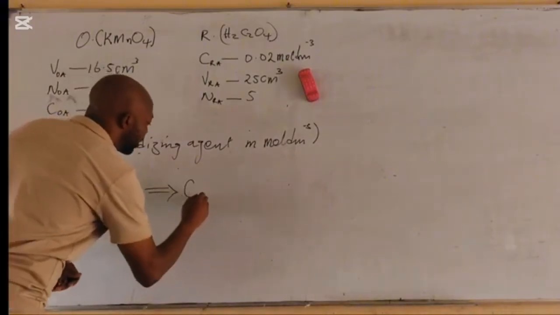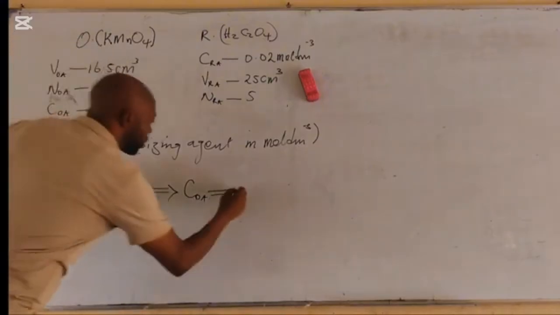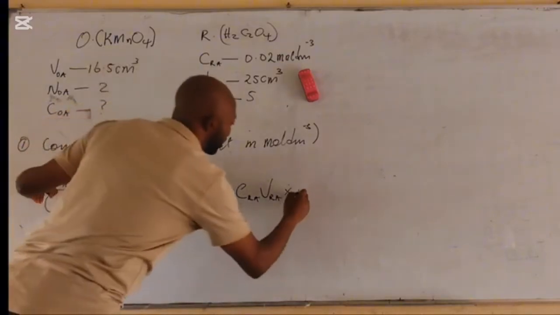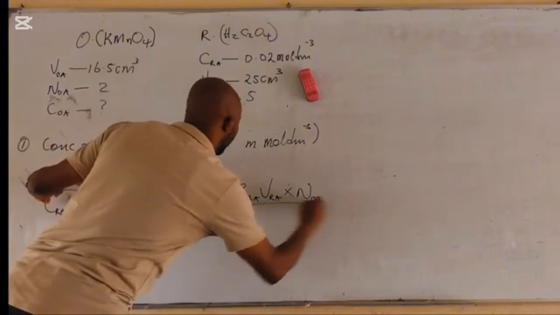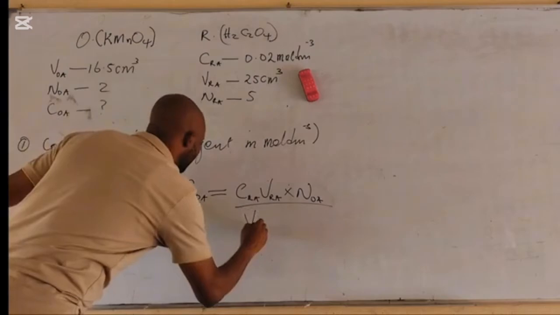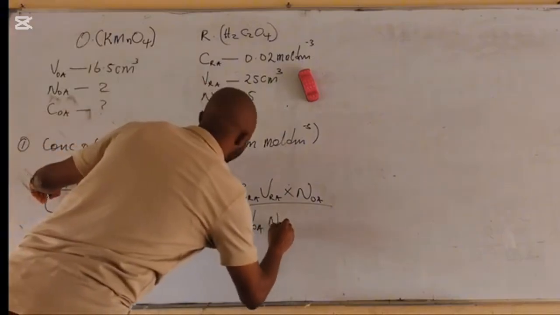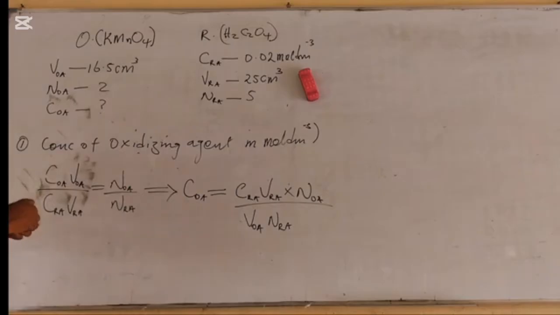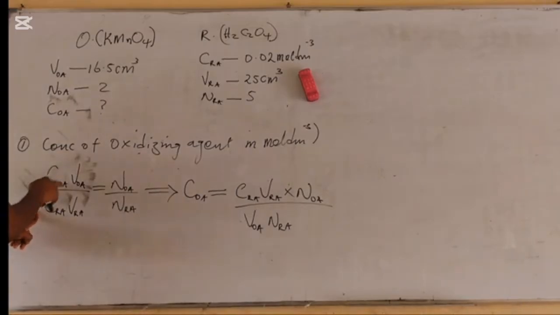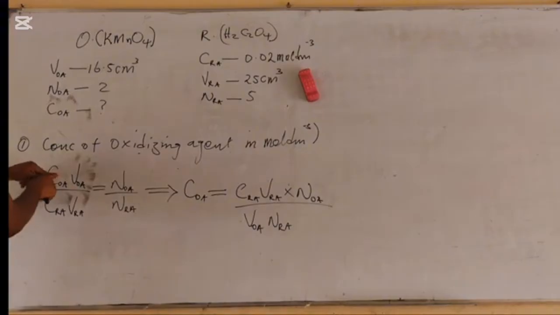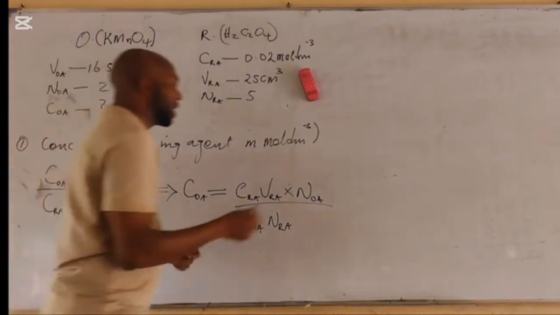So my COA is equals to concentration of reducing agent times the volume of reducing agent times number of moles of oxidizing agent over volume of oxidizing agent times number of moles of reducing agent. So I have CRA, VRA, NOA over VOA, NRA.